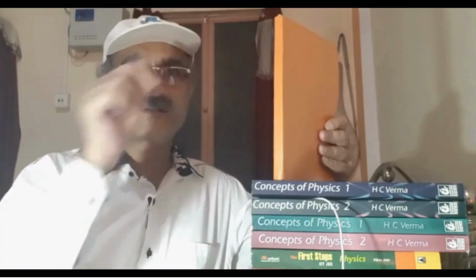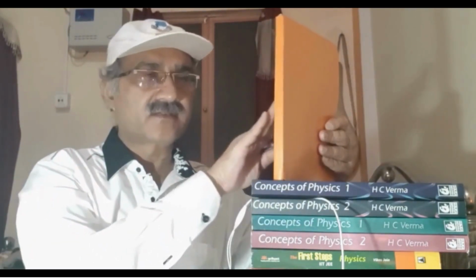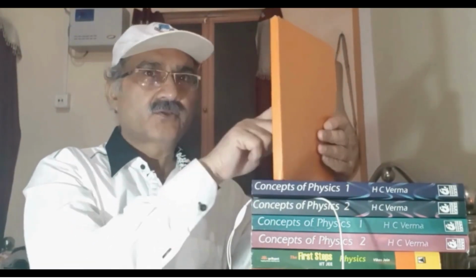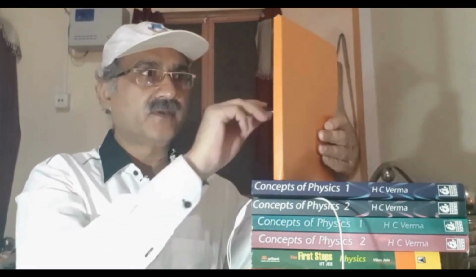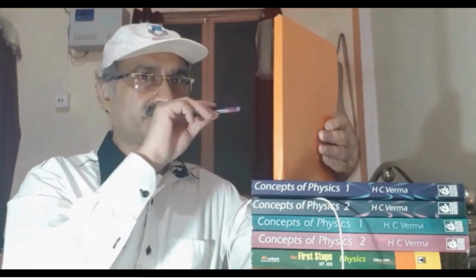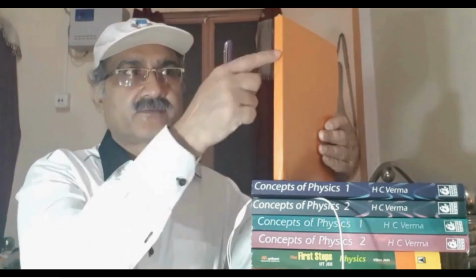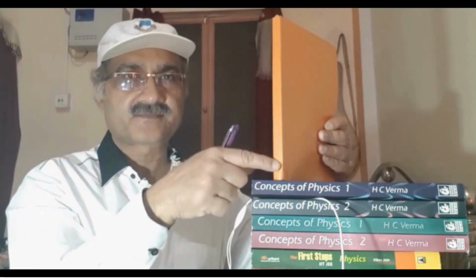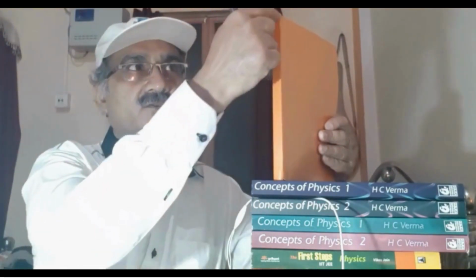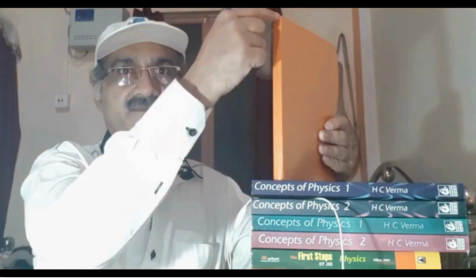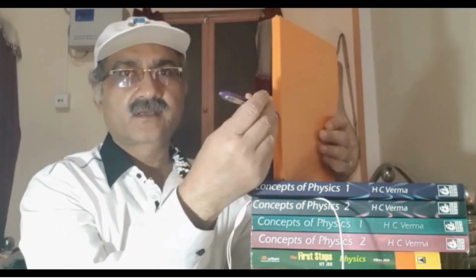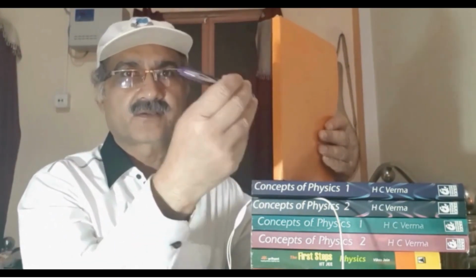Okay, if I consider the other surface, this surface which is facing me, its direction will be towards me. Clear? Now if we consider this surface, then its magnitude will be the area of this surface, its direction will be normal to this, along this direction.